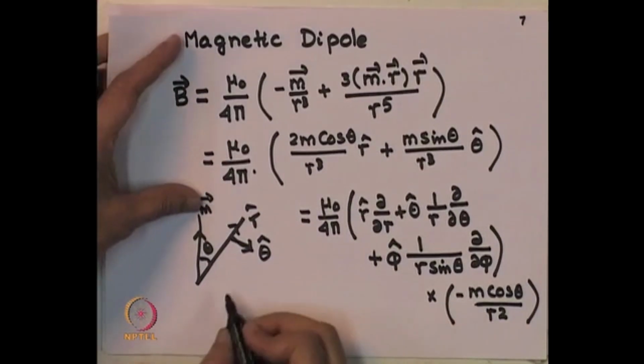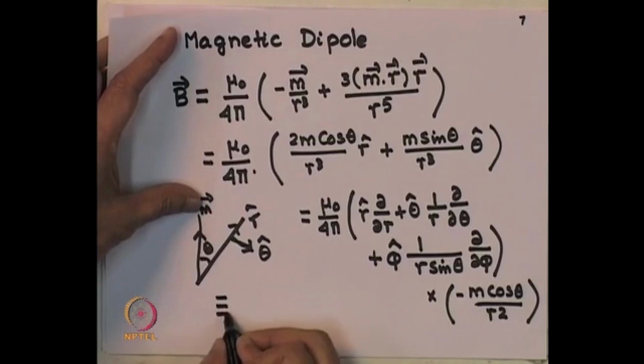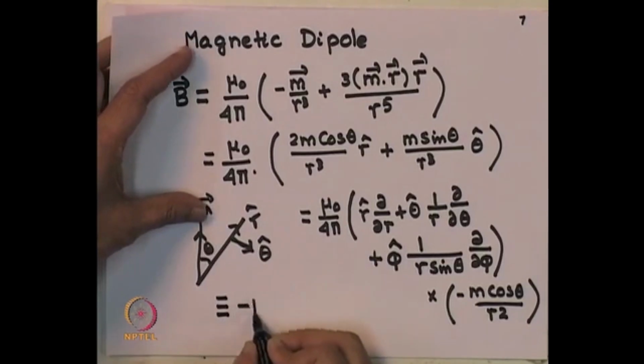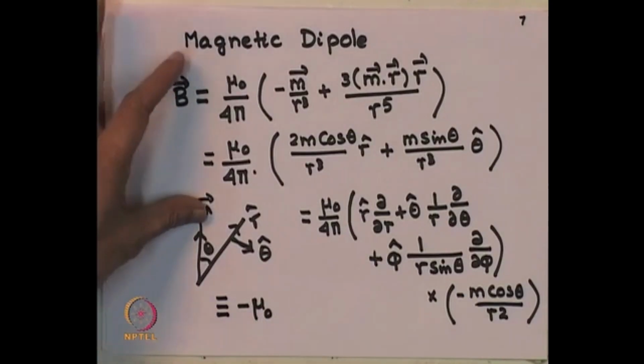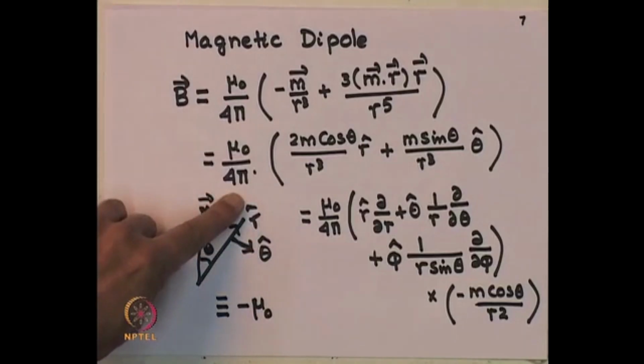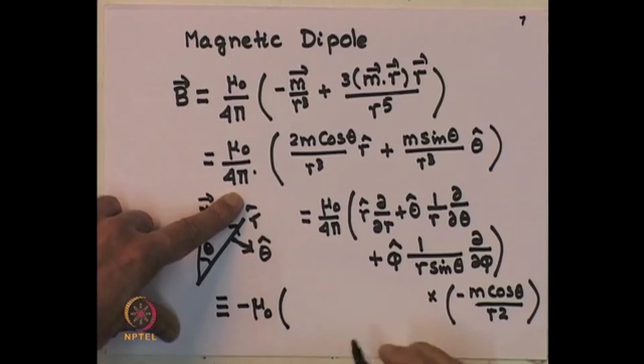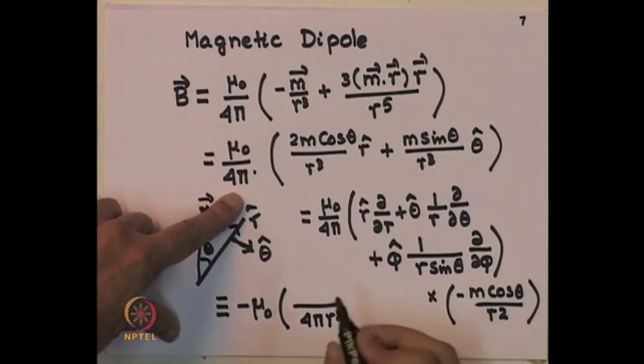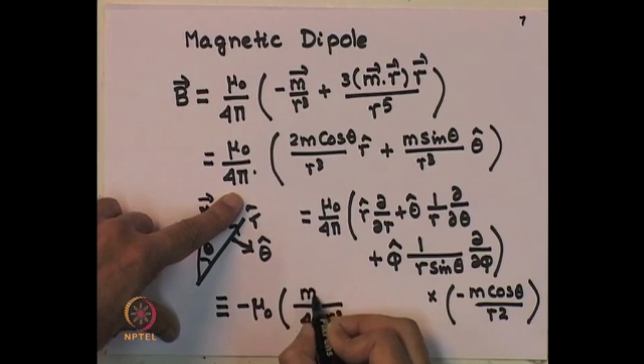Now, I want this quantity then to be identical to minus mu 0. I already have a mu 0 there. There is a 4 pi there. So, I must absorb that inside, this minus I have taken care of. So, I must write it as 4 pi r square times m cos theta. I will write this as m dotted with unit vector r.